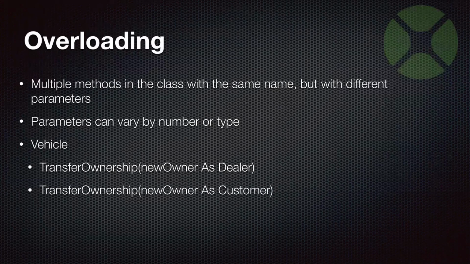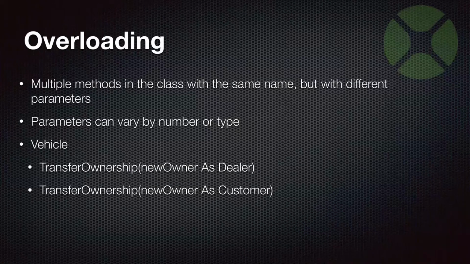But the point of the dealership is to actually sell the cars, and often that's to customers. So I may want to have the same method, but have a different parameter. So here they both just have one parameter, but they have different data types. The first one's data type is dealer, which would be a class, and the second one is customer, which could be a different class.